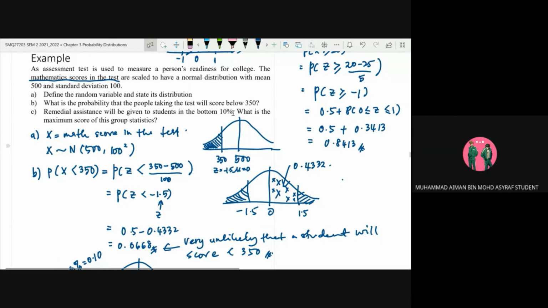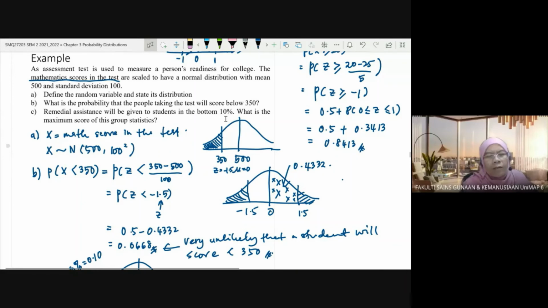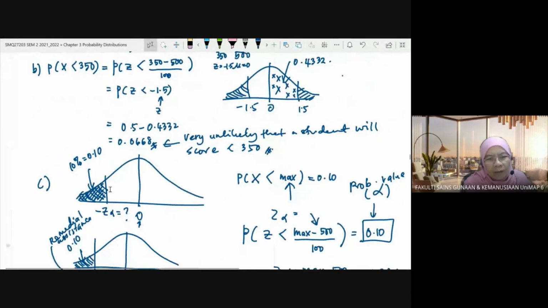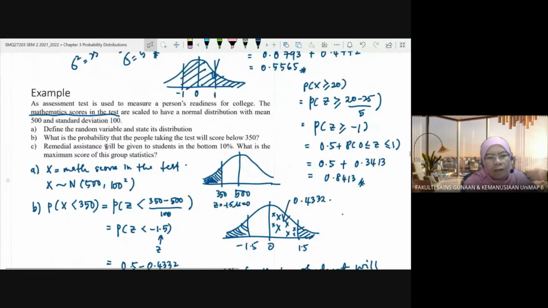For C, we just have to follow that pattern. Not really, it depends. If you are looking at the bottom value, then the alpha value will be somewhere here. If we are referring to this particular question, what will be the maximum value for those who will get prizes, for example those who score 90.